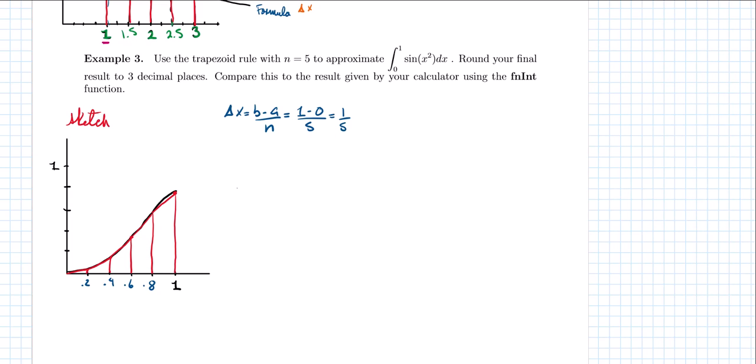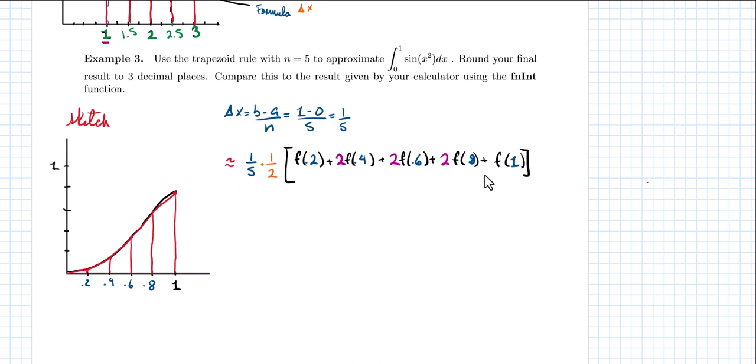The area is going to be approximately, and again, we're going to have our delta x, so it's going to be 1/5 divided by 2, but again, as we just saw in the previous example, we just multiply here by 1/2 times f of 0.2 plus 2 times f of 0.4 plus 2 times f of 0.6 plus 2 times f of 0.8 plus f of 1.